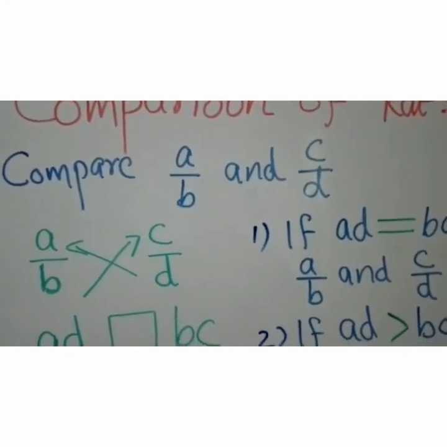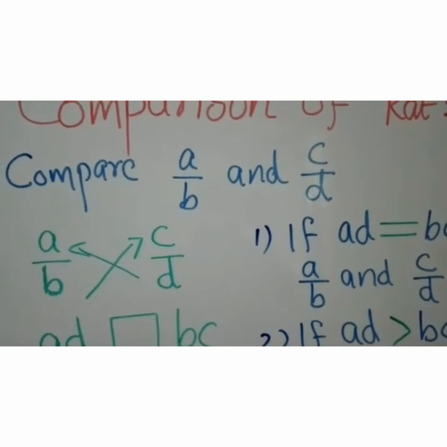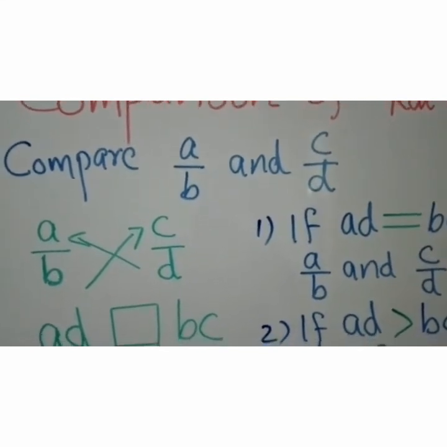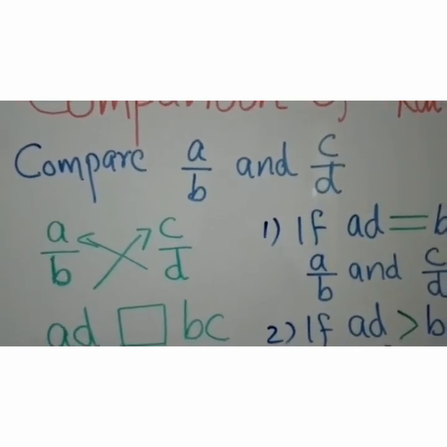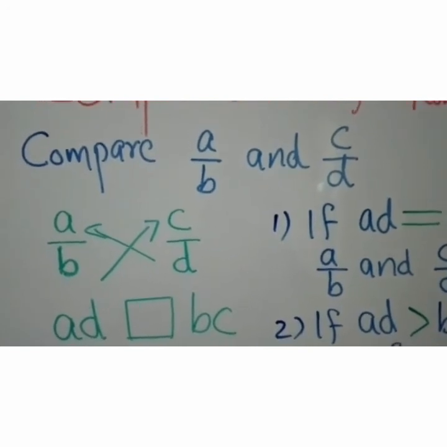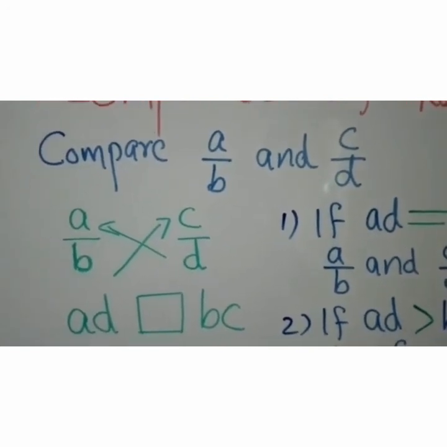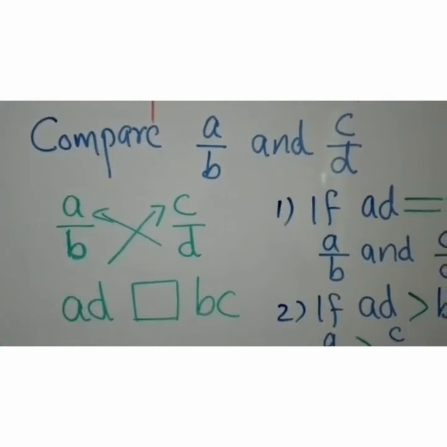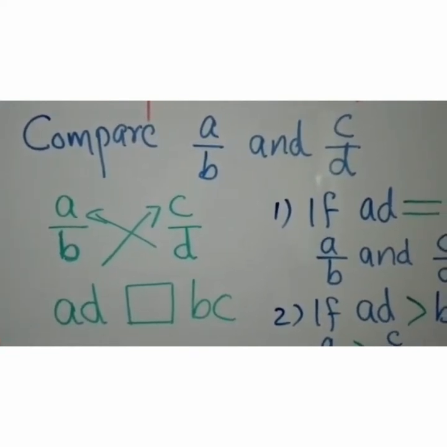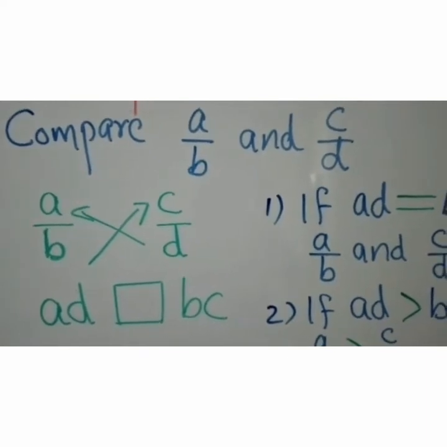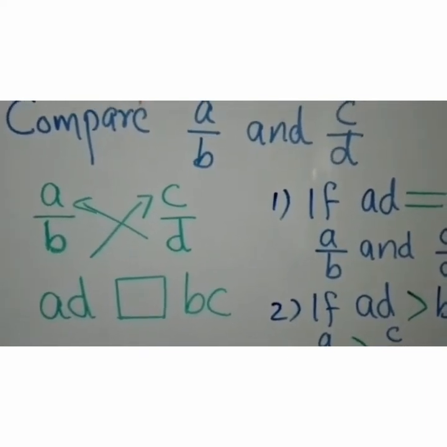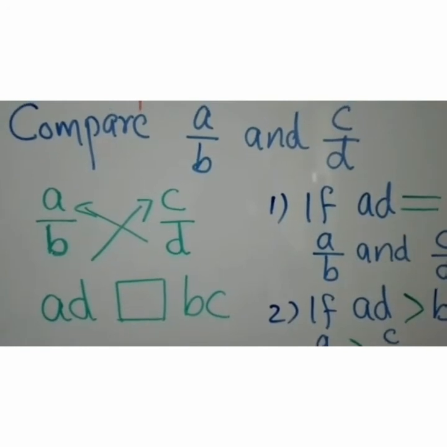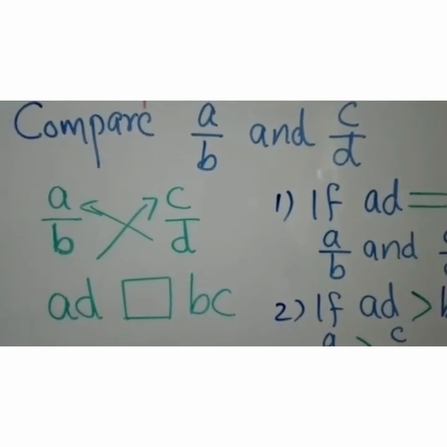First A into D towards the left, write A into D on the left side, and B into C. Then AD, there is a box there, BC. In that box, it should be equal, greater or less. That is what we are going to fill.